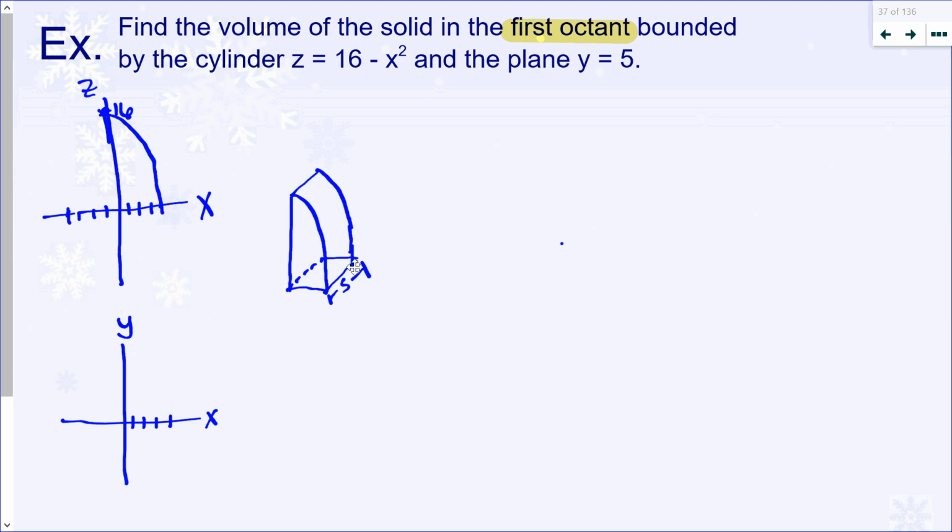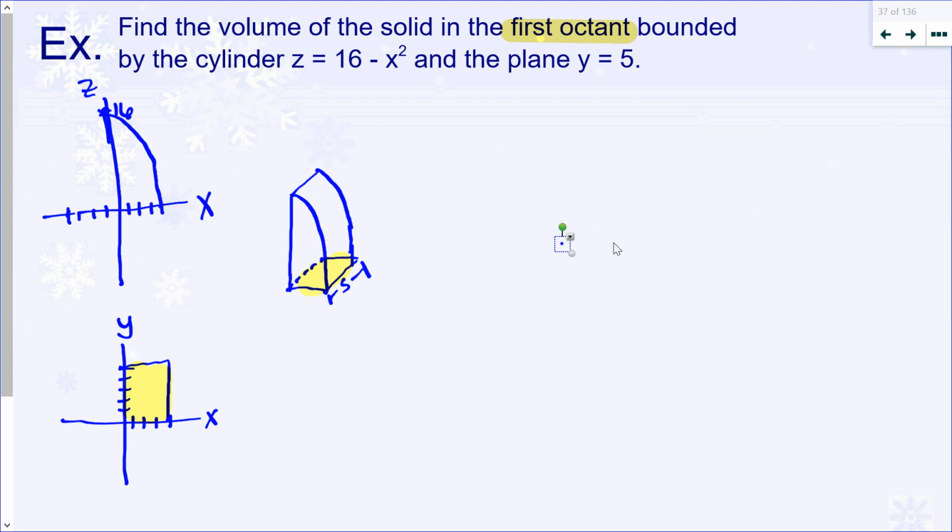And because it's in the first octant, it's bounded by y equals 0 and y equals 5. So that goes 1, 2, 3, 4, 5. And then it's going to be a rectangle in the xy plane. And that's the bottom of the shape that we're finding the volume of.